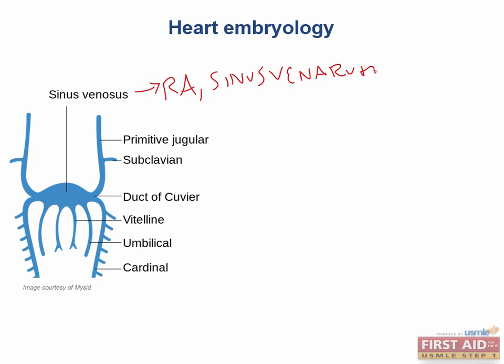The sinus venosus is where the superior vena cava will come in from above, and the inferior vena cava will come in from below. So sinus venosus literally means bag of veins, which is exactly what it looks like in this picture. Note how all of the veins converge to drain into this one bag, the sinus venosus.